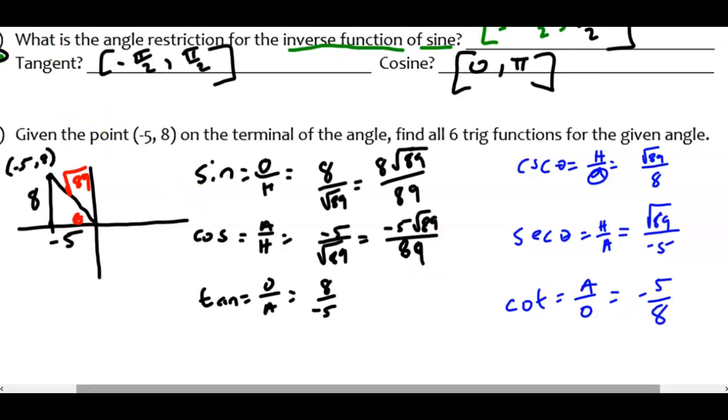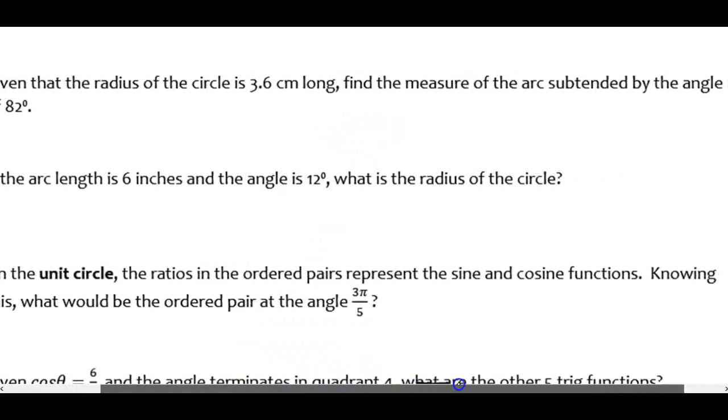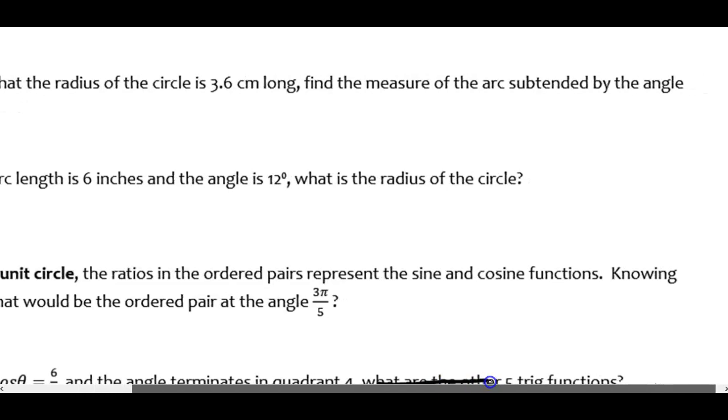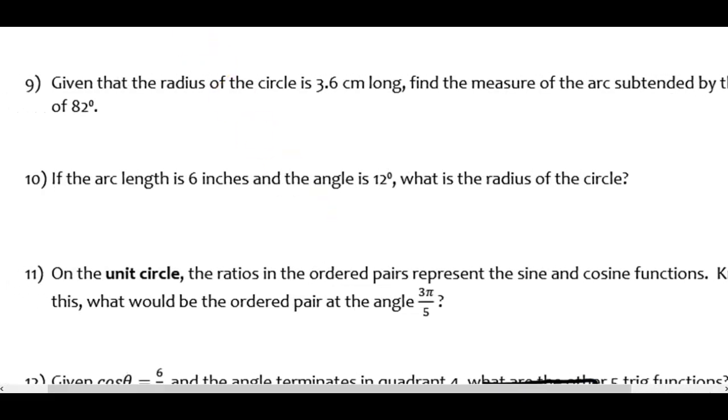Alright. Let's keep it going. Number 9 here says, given the radius of the circle 3.6 centimeters long, find the measure of the arc subtended by an angle of 82 degrees.